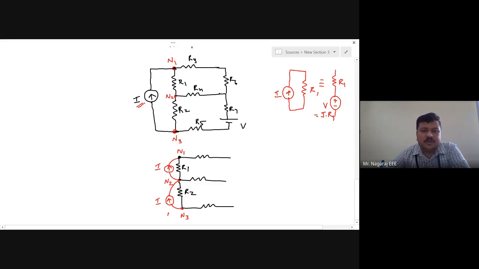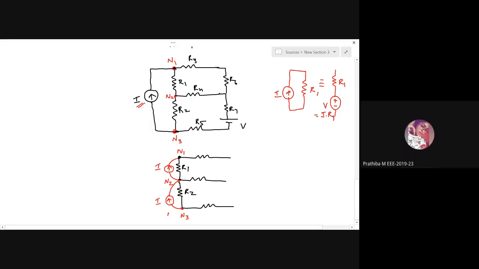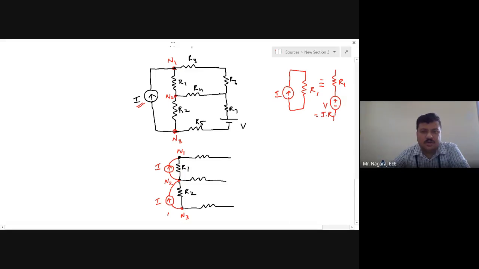So what is the effect of current I at node N2 originally? 0. Now at node N2, observe here, the current is entering node N2 and immediately it is leaving. So the effect of current I at N2 even after shifting is still 0.